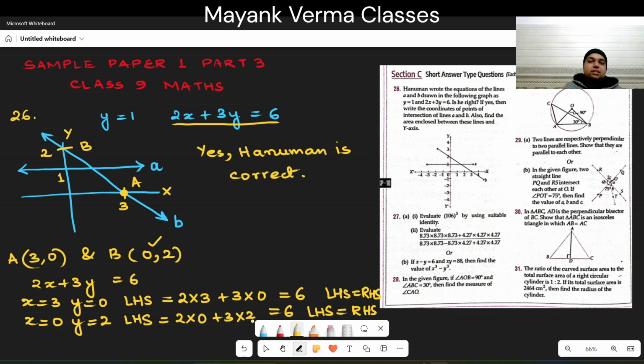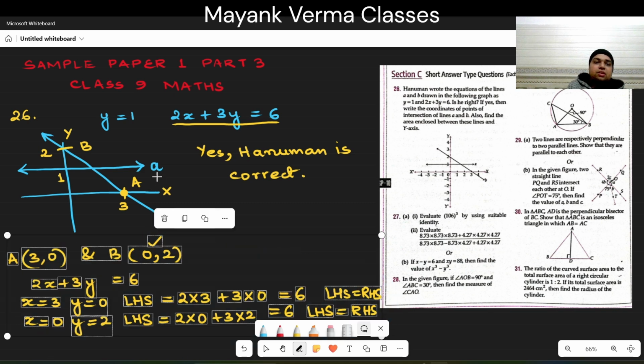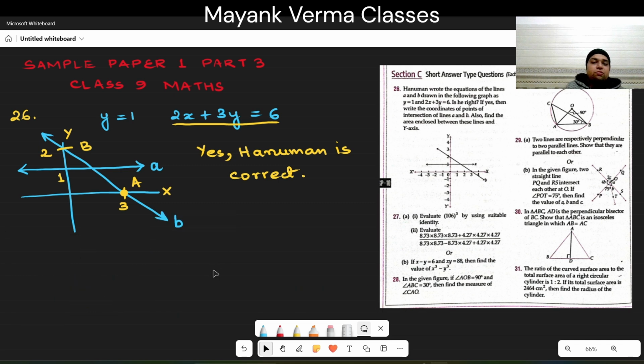Now it is saying to find the intersection point. How do we find the intersection point of these two lines? We can do one thing. Let's put y is equal to 1 in the given equation 2x plus 3y is equal to 6.